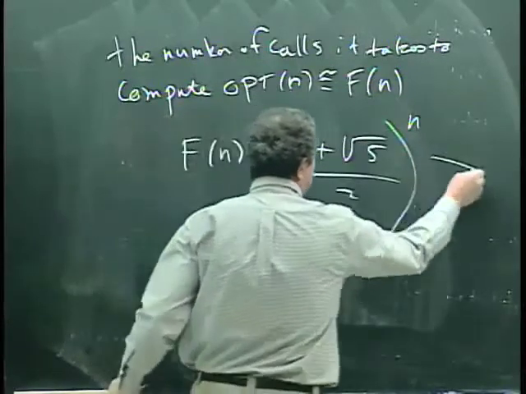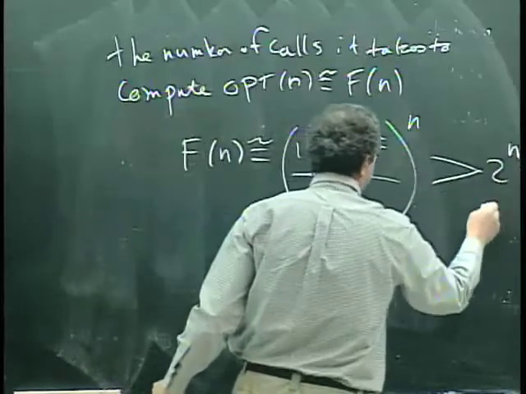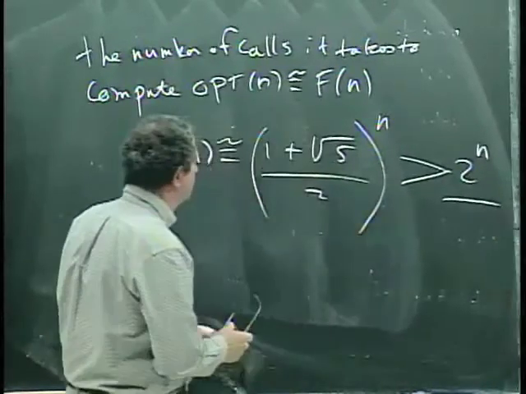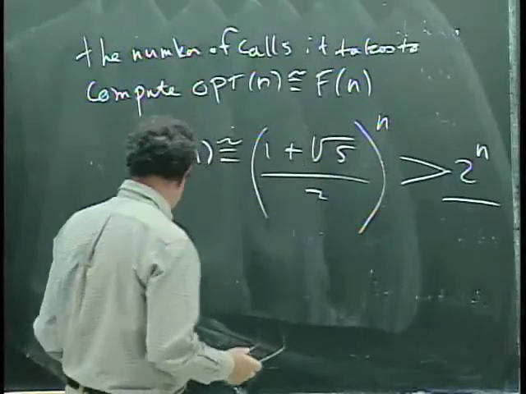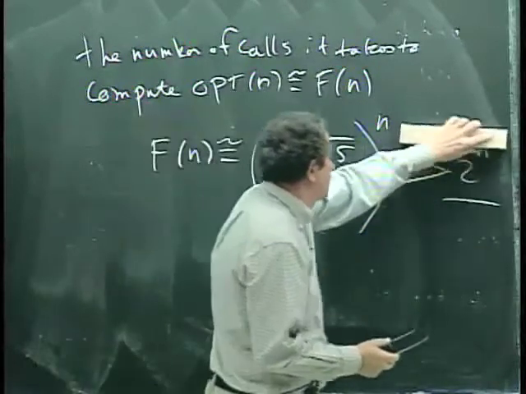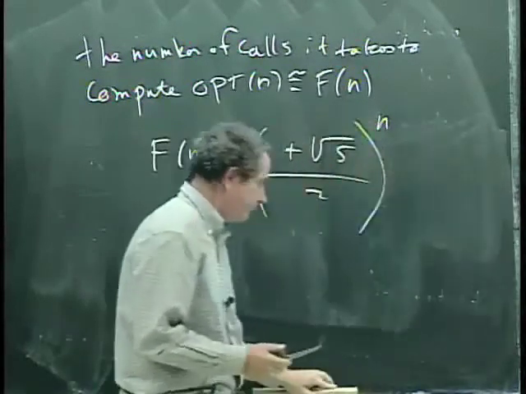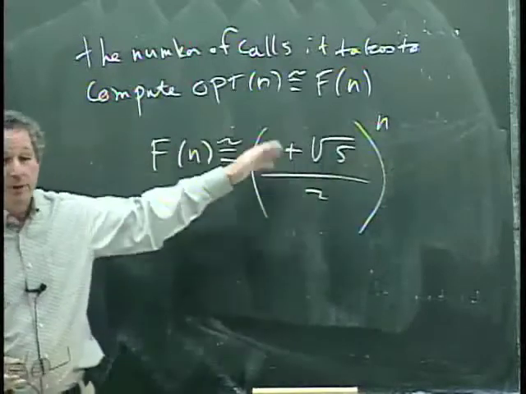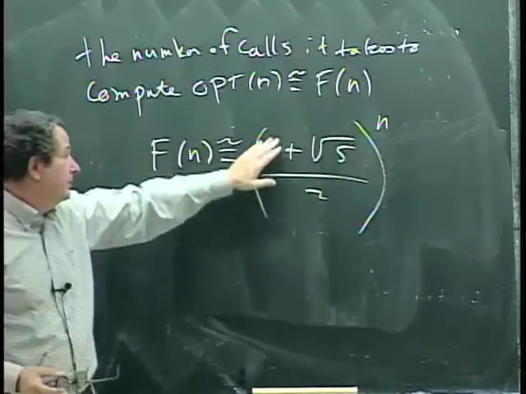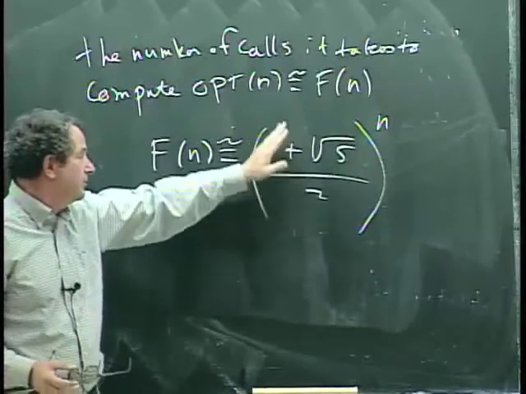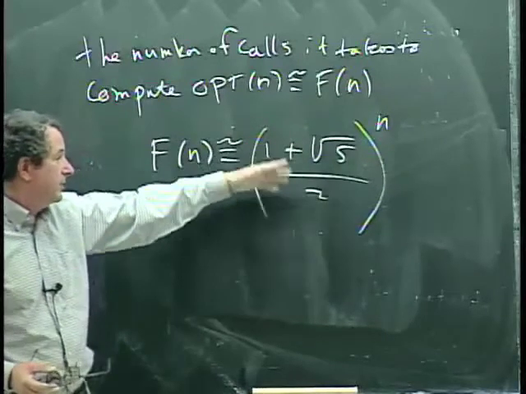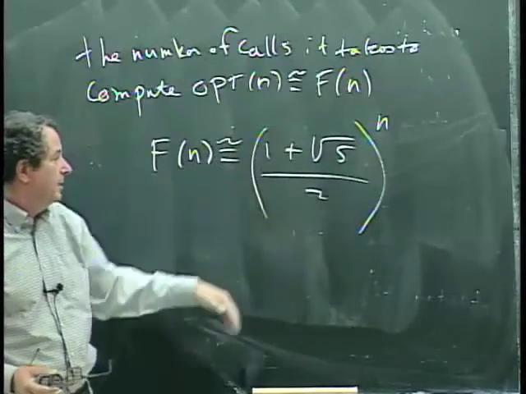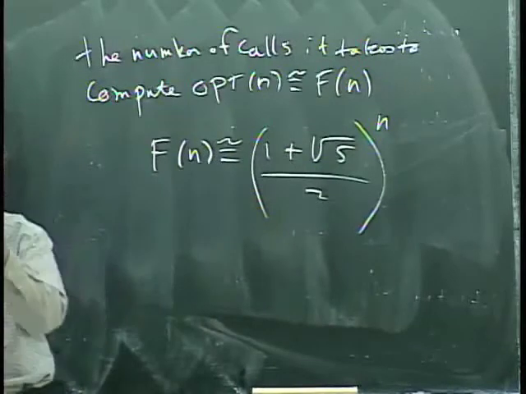Certainly F of n is bigger than 2 to the n. Well, this isn't bigger than 2 to the n, is it? No. But all right, it's exponential. Very rapid growth. And figuring out this closed form is a classic exercise in many math classes. Remembering it is not, but thank you for remembering what it is.